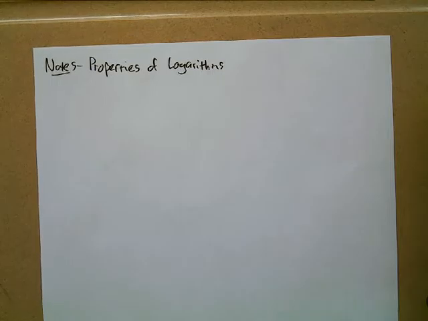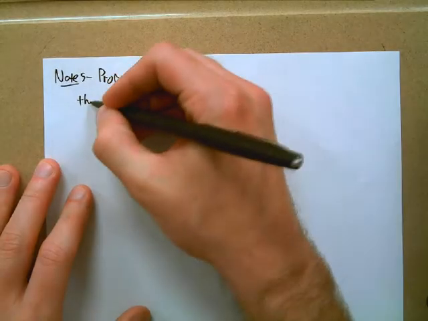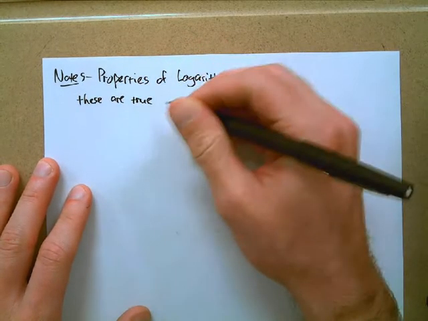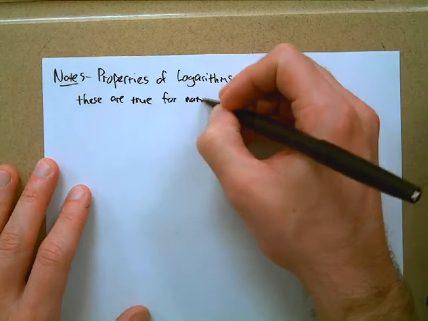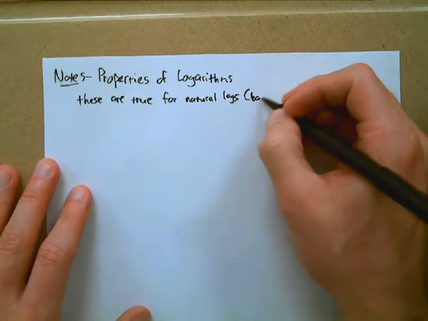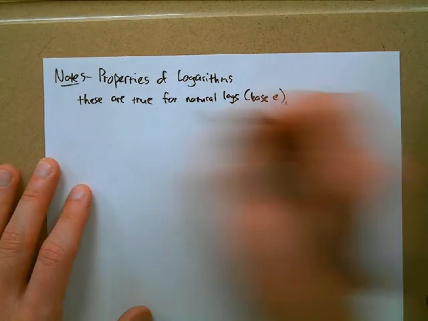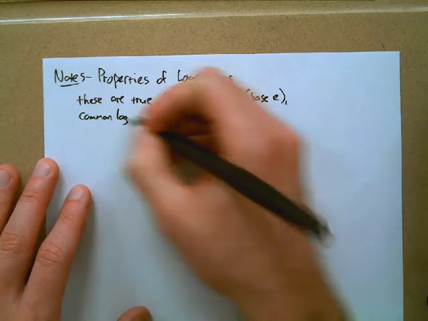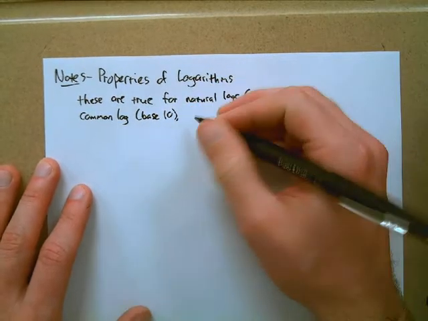One thing I want to note about these properties is that they are true for natural logs, base e, and for common logs, which is log base 10, and all the other logs too.